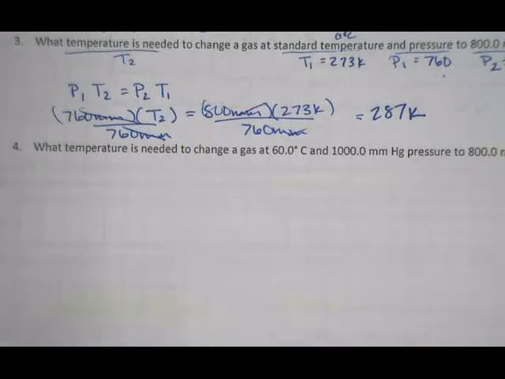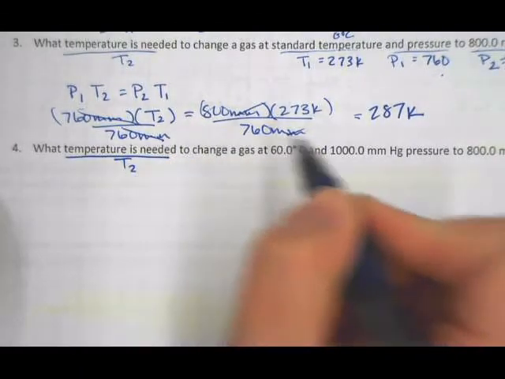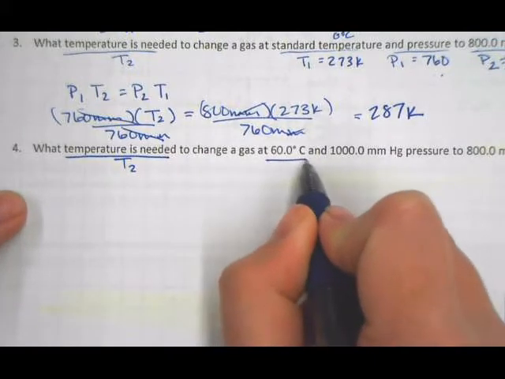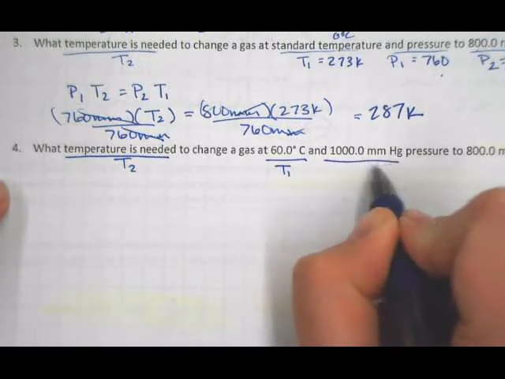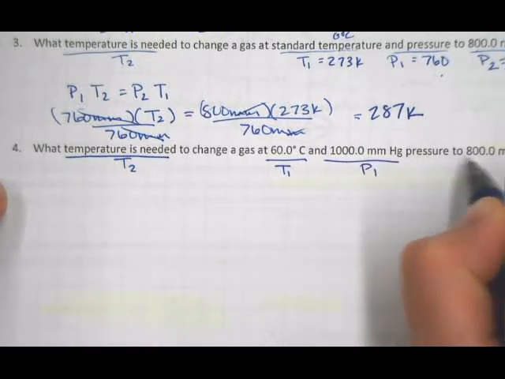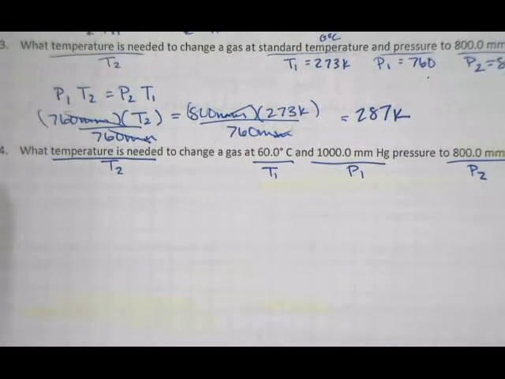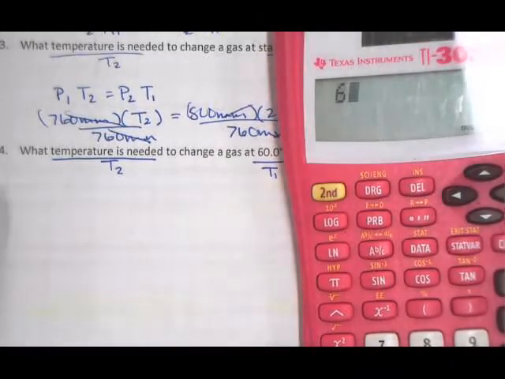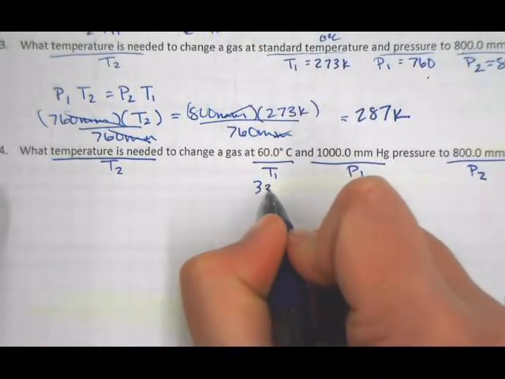Okay, so number 4 says what temperature is needed, so that's my new temperature, to change a gas that's at 60 degrees, so that's my original temperature, and at 1,000 millimeters of pressure, to a new pressure of 800. Okay. Don't forget temperature has to be in Kelvin, so I'm going to take 60 plus 273 to get 333 here.